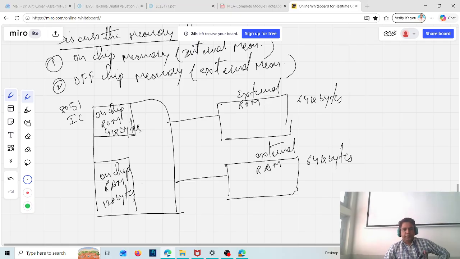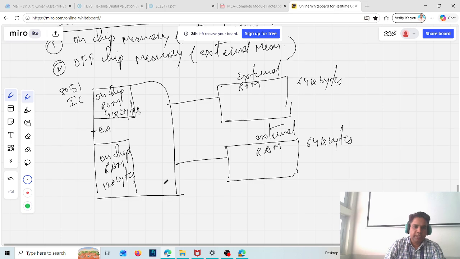Now, how will the microcontroller know whether it is accessing the data of on-chip memory or off-chip memory? For this purpose, there is a pin in the microcontroller which is called EA. How is it differentiated?